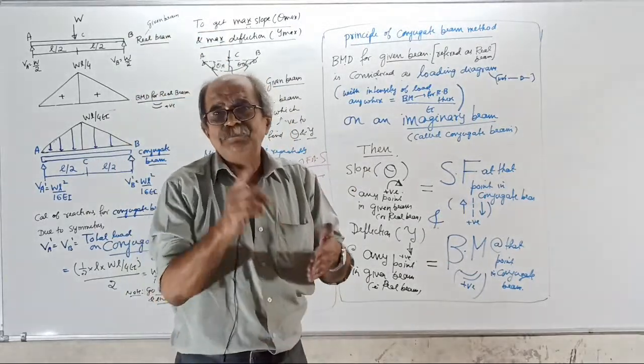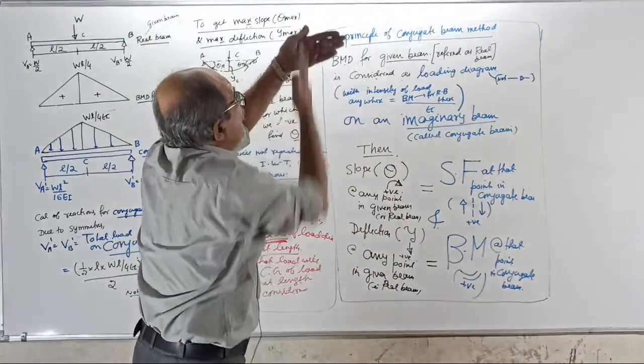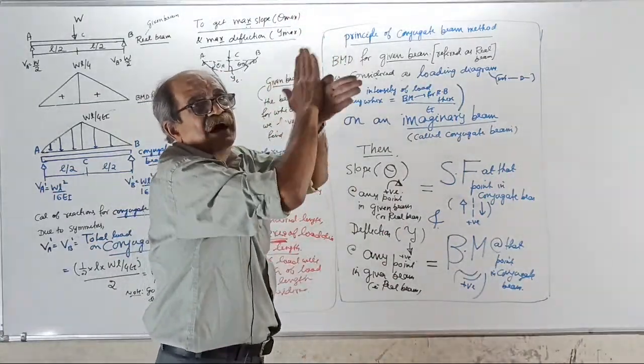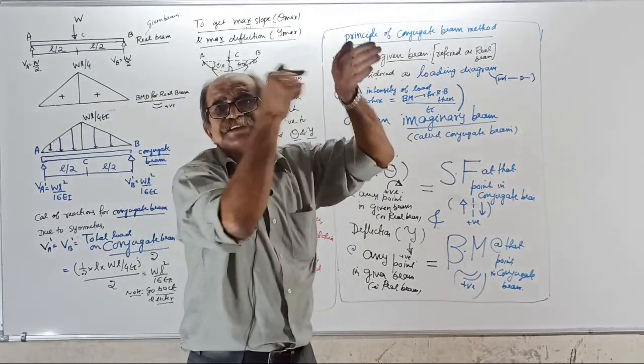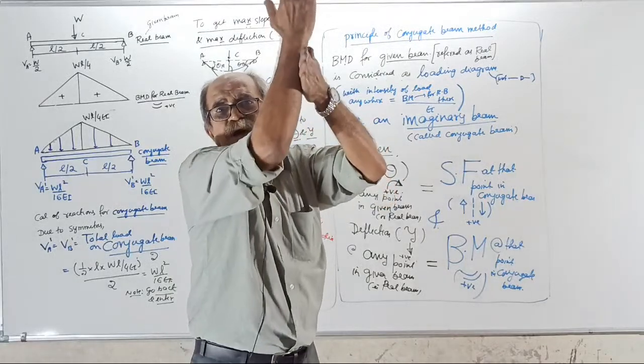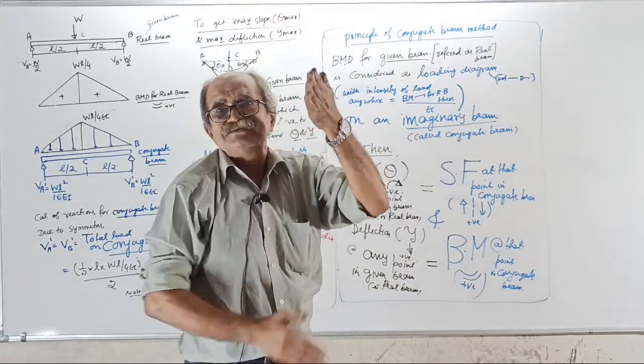And if you want to know the line of action, mark the CG of that area, through which the resultant force will pass.